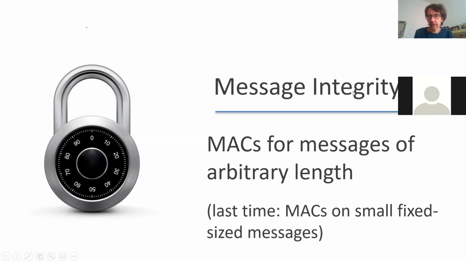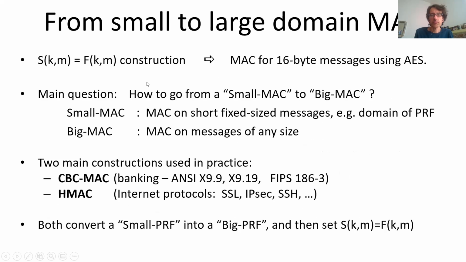And this is also a practical MAC concept. Many are basically PRFs on a large input domain. So here is this simple MAC from a PRF. Using AES, whose input domain is 128 bits, which is 16 bytes, you can MAC a 16-byte message this way. 16 bytes is not that much, right?